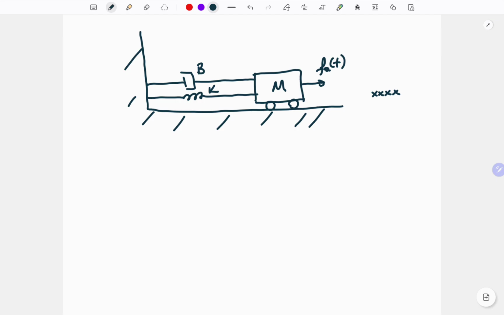So after we apply the force, this component's effect will be obvious, and the system will tend to the right side. So according to our reference, our displacement will be x, and our speed will be v.